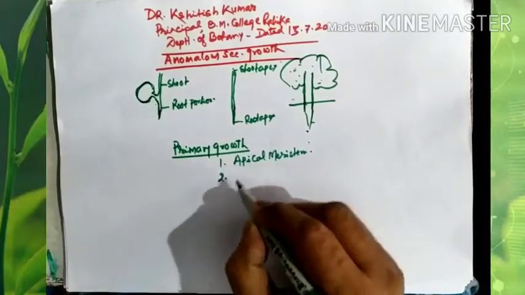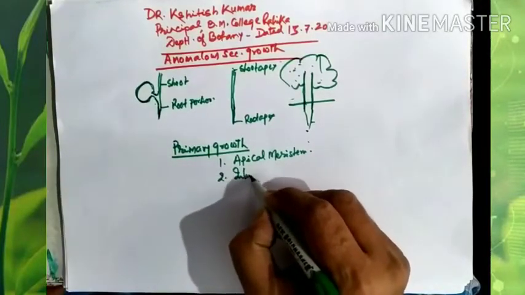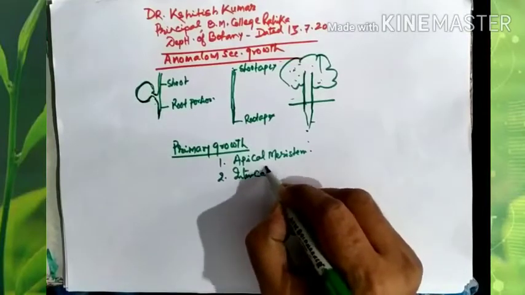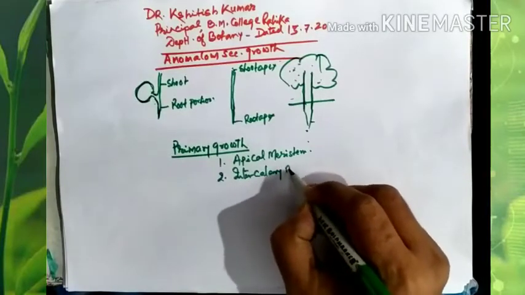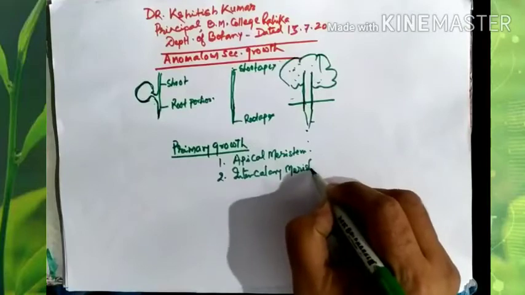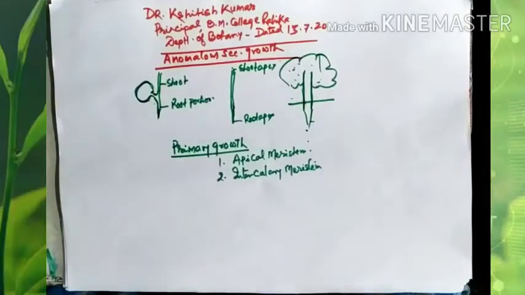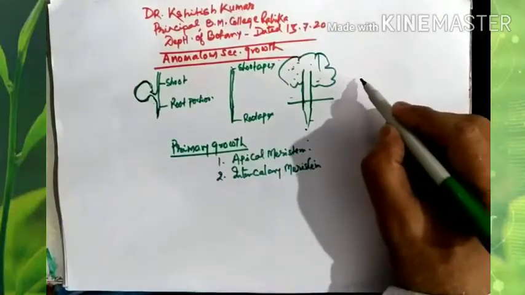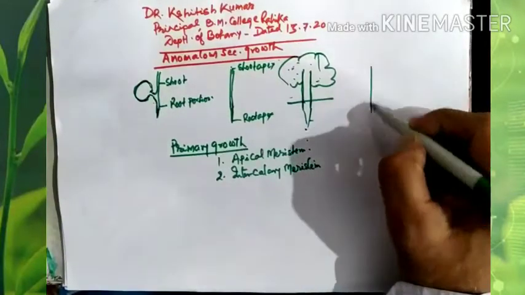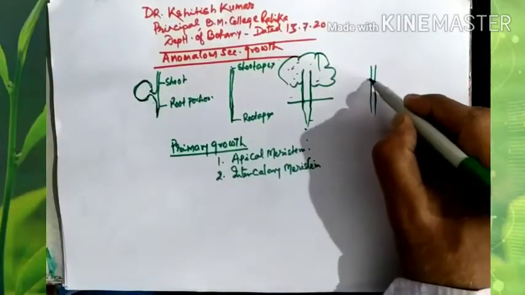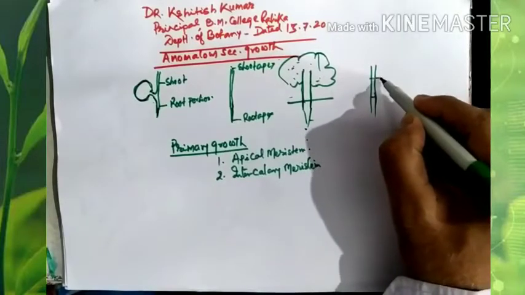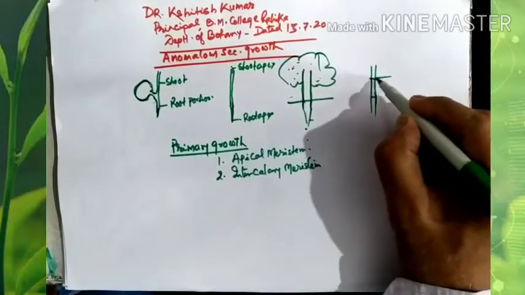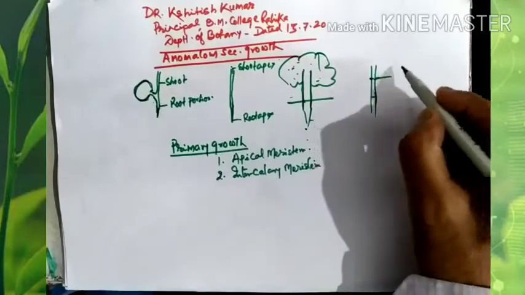The next is the intercalary meristem. You know that when the plant grows in length, there is a knot-like structure.